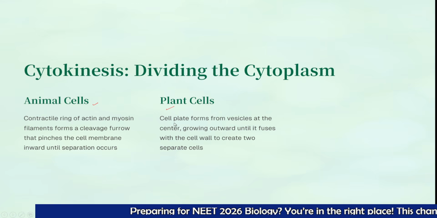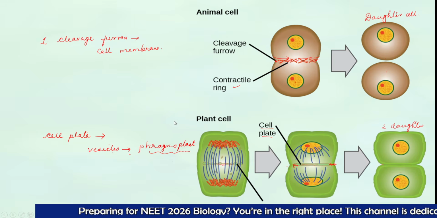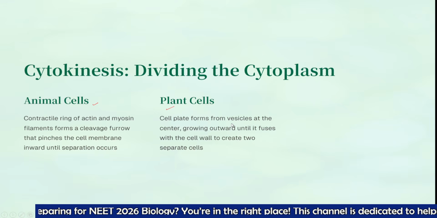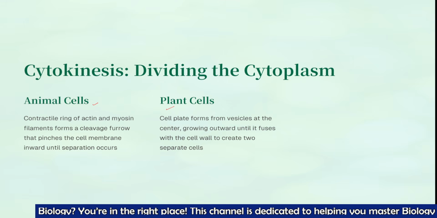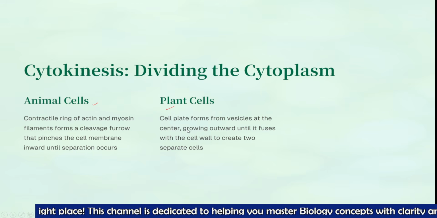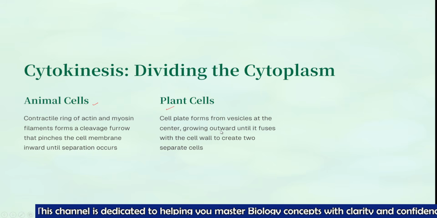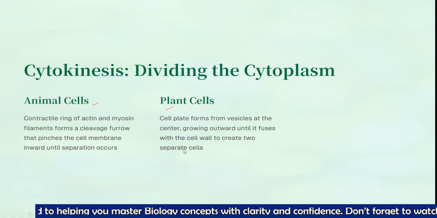In plant cells, there is a cell plate formation from small vesicles. And what is the name of the vesicle? It is called phragmoplast, formed from the Golgi complex. The cell plate grows outward until it fuses with the cell wall to create two separate cells.